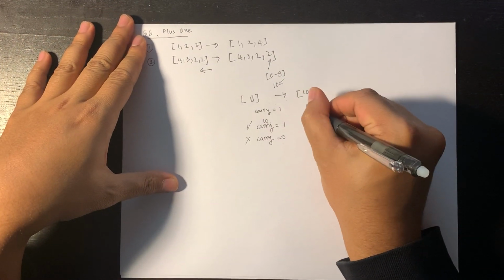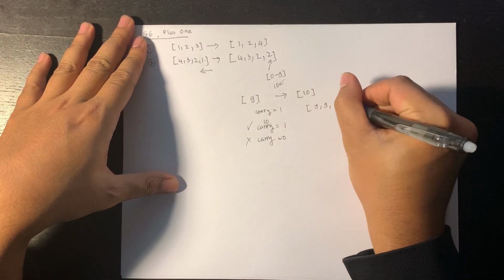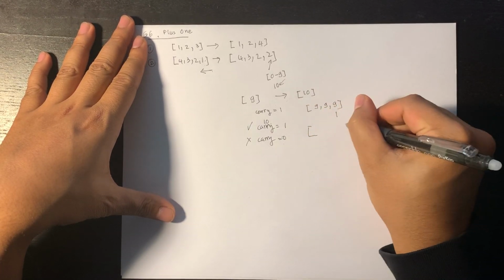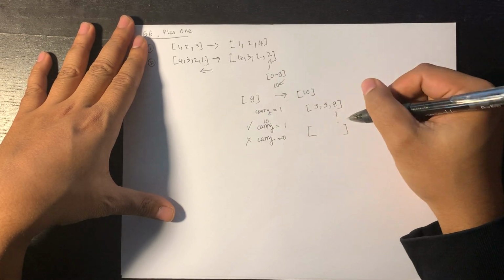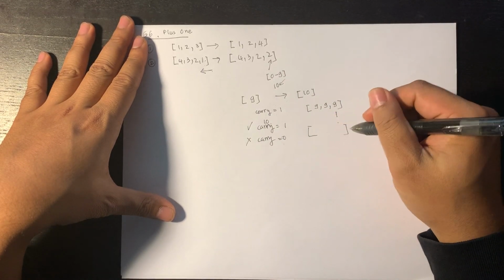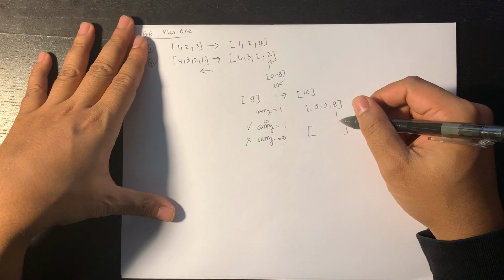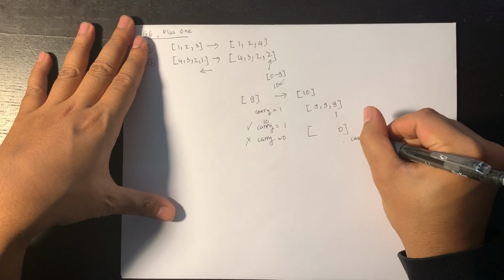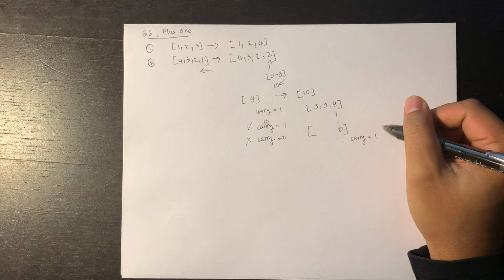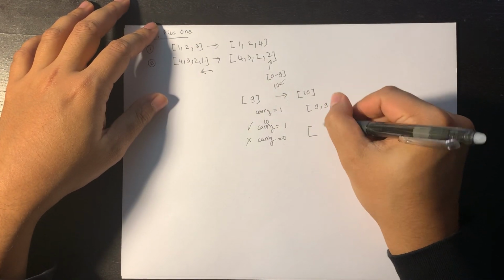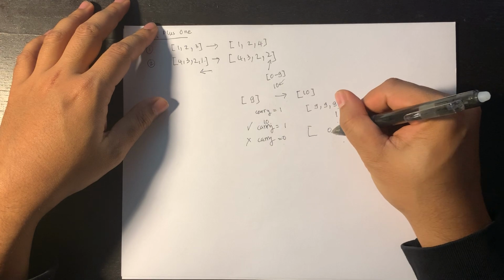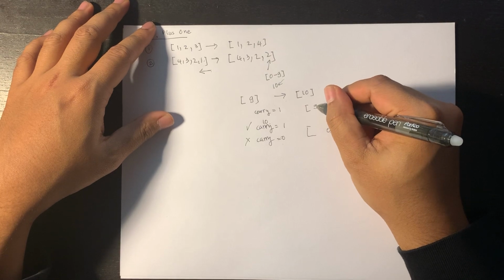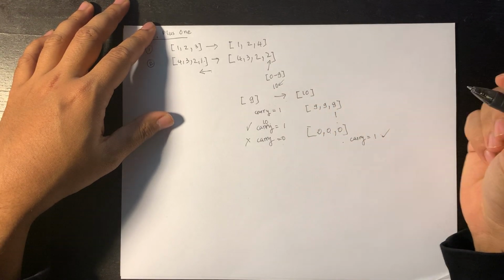For example, in the case of 9, 9, 9. First we add 1 to the last 9 and we get 10. Since we got 10, we need to change 9 to 0, and we want to change our carry to 1. Then here we added our carry again. Since it's 10, we want to change this to 0, and carry is equal to 1 again. Then the 9 here is also 0.